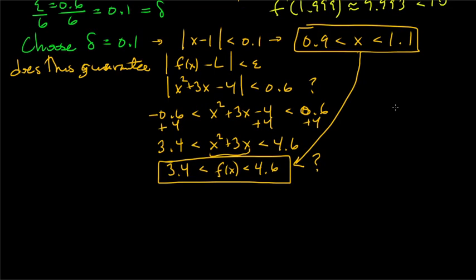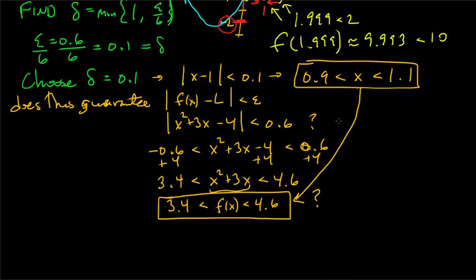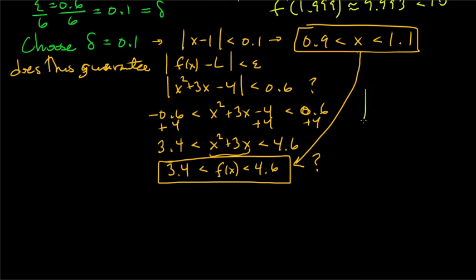Are you convinced of that? Do you buy that, or is that still not clear? So again, look at the picture. I'm going to expand this out a little bit. So here's my 1, and let's pretend that this is 1.1 and 0.9. So my x has to be on this interval between 0.9 and 1.1. So pick any x in that interval, and then my f of x is some curve like this.